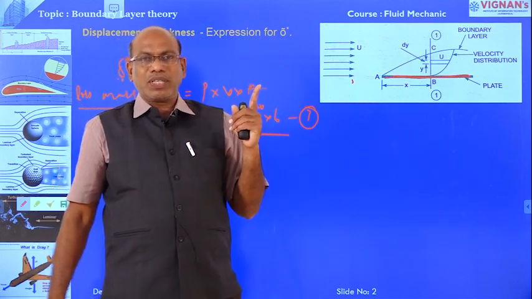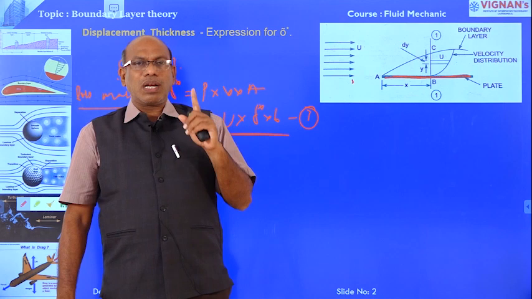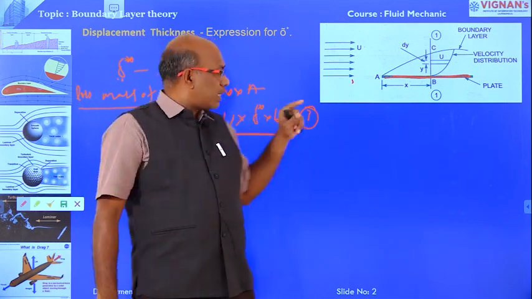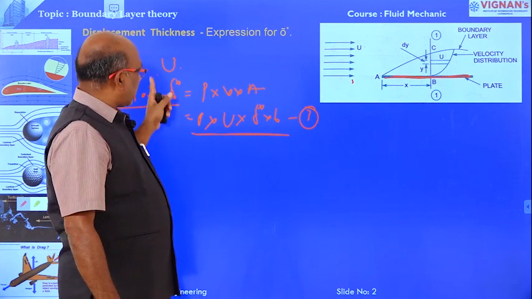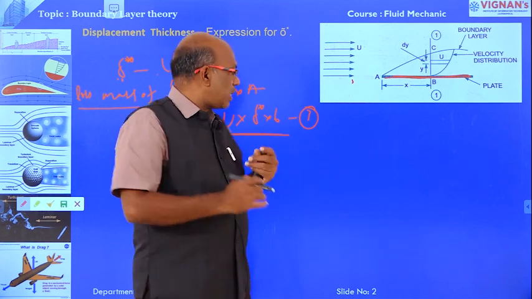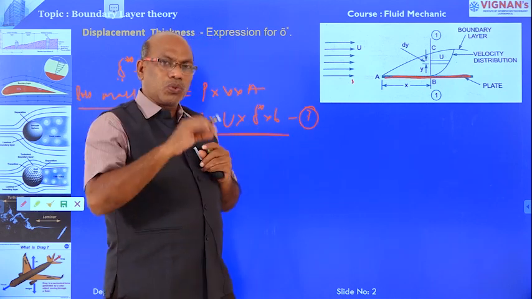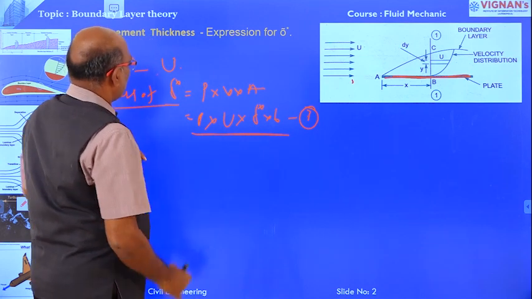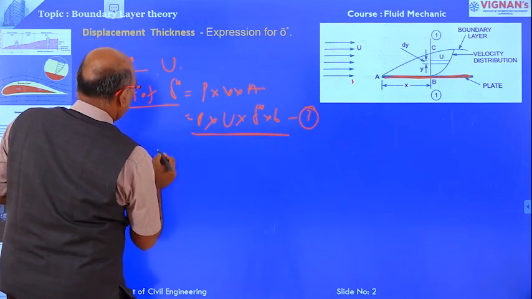Now we have already derived the total loss of mass per second through the entire BC, and this is the loss of mass through delta star. Equating these two losses, equation number 3 and equation number 2, we get delta star.